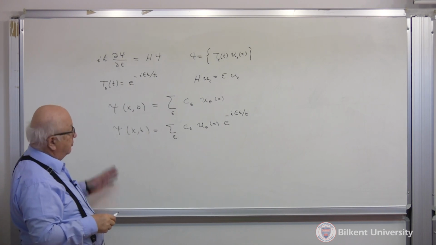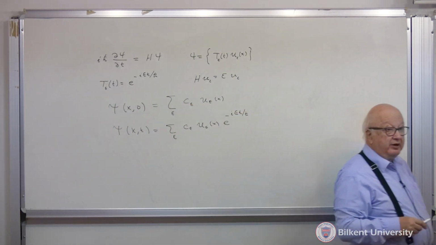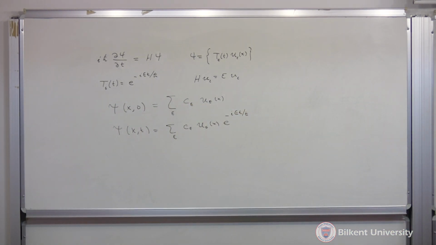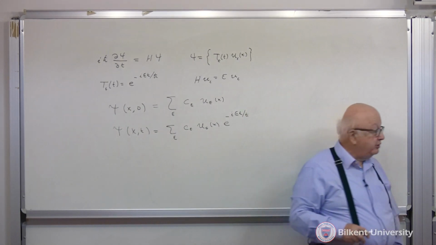Okay, so for example, you have homework which is associated with expanding a given initial condition in terms of the infinite well eigenfunctions. Okay, I'll do just one extra application of this before we move on to some other type of potential.